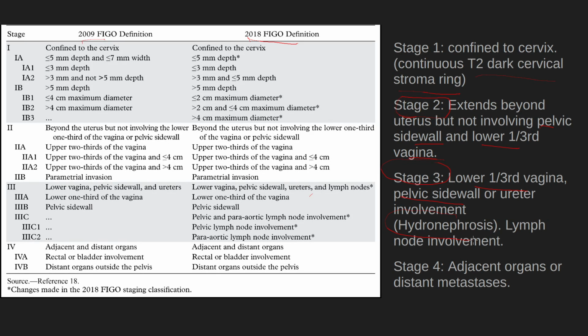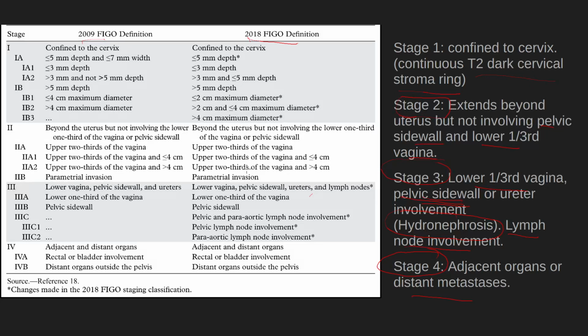Hydronephrosis also is suggestive of stage 3 tumor, because we know that the ureters run in the pelvic side wall, and if the patient has hydronephrosis, that's an indirect marker that the tumor has extended and involved the pelvic side wall. And lymph node involvement has been included in stage 3 on the recent FIGO update. Stage 4 is when there is involvement of adjacent organs or any distant metastatic disease.